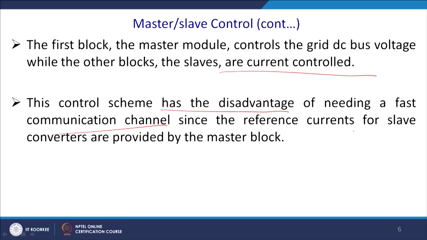For this reason all the changes are quite severe, and to take care of that high-speed transient, you essentially require a very high speed communication channel. That is one of the major drawbacks of the DC microgrid, that your communication channel is required to have a very high bandwidth, since the reference currents for the slave converters are provided by the master block.